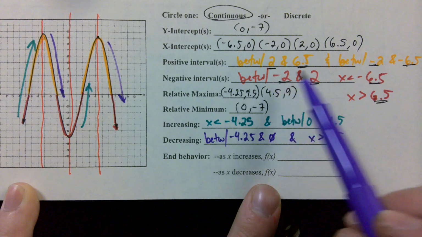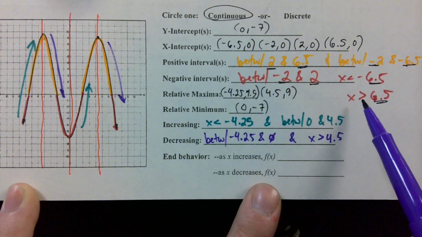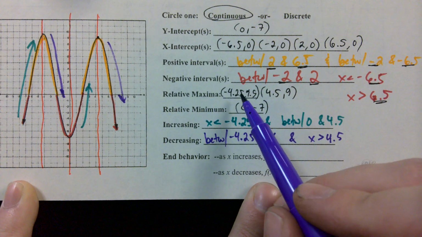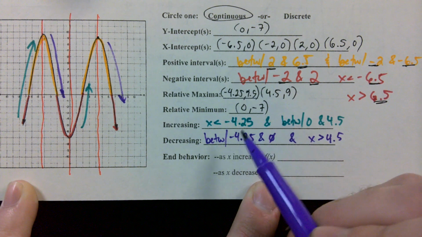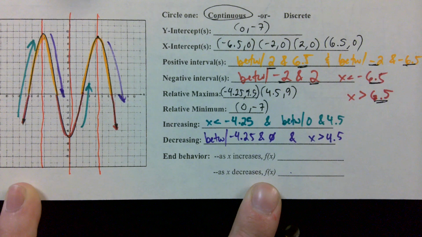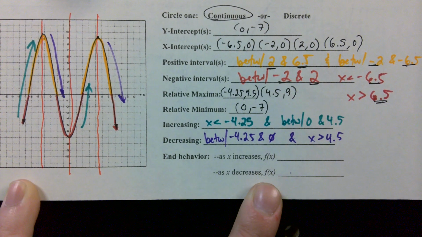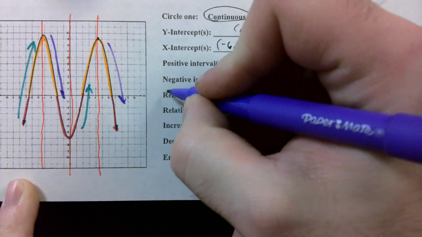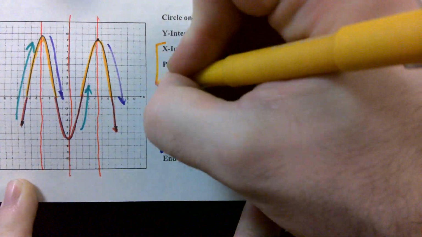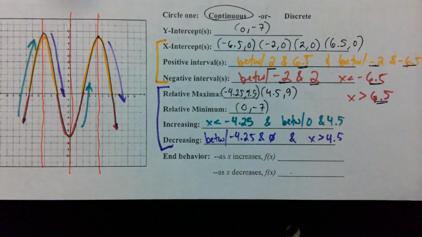We had 1, 2, 3, 4, 5 separate intervals, one more than the points we had. For my relative extrema, I had 3 extrema and 4 intervals for that. So you're always going to have one more interval than you have points, whether it be for this grouping right here or that grouping right there.